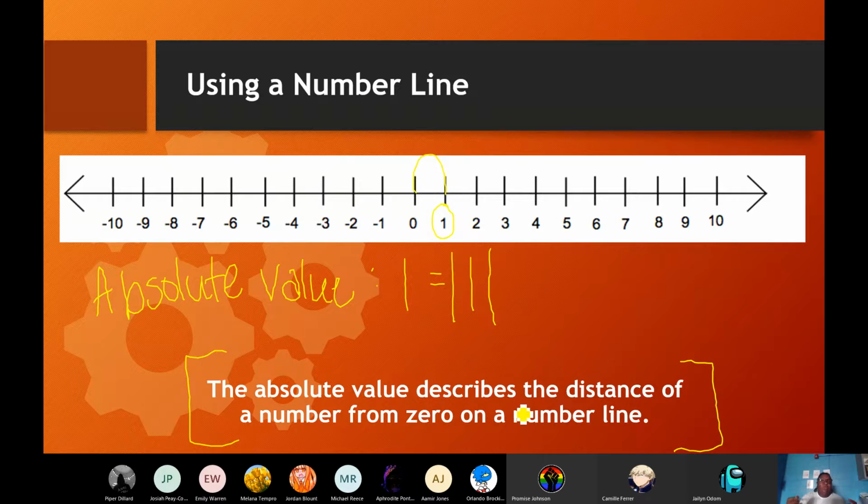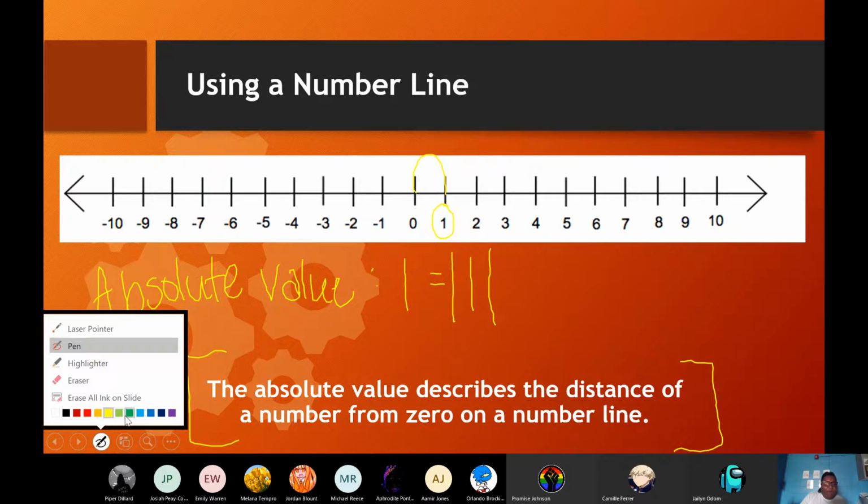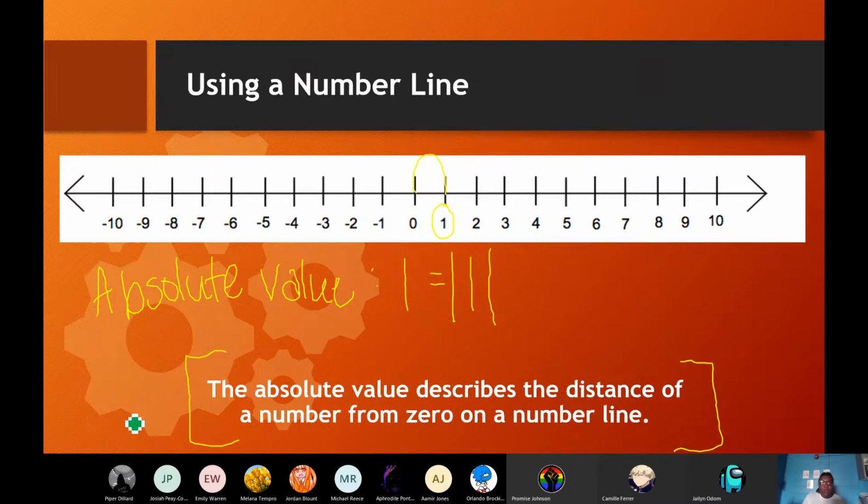So if I were to ask you the absolute value, let's use a different color, of -1, in other words, how many jumps is -1 from 0 on the number line, what would you say it is?